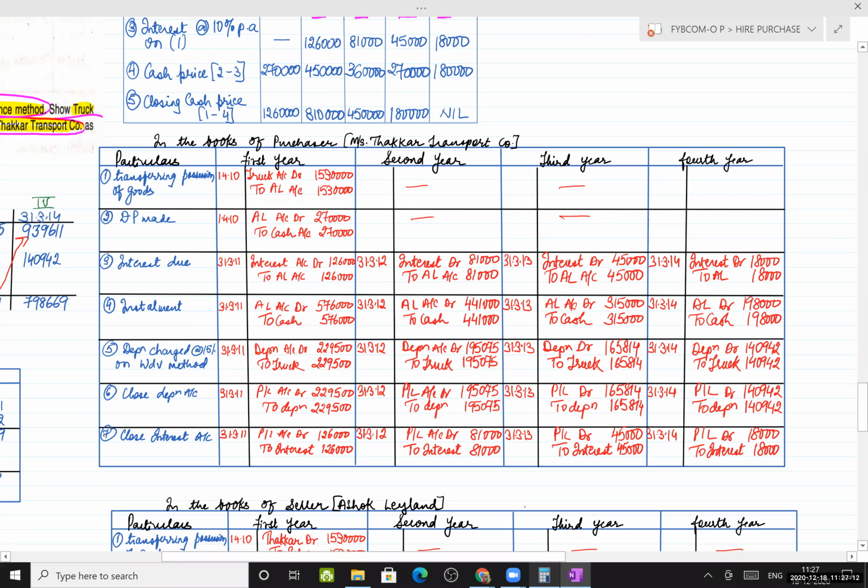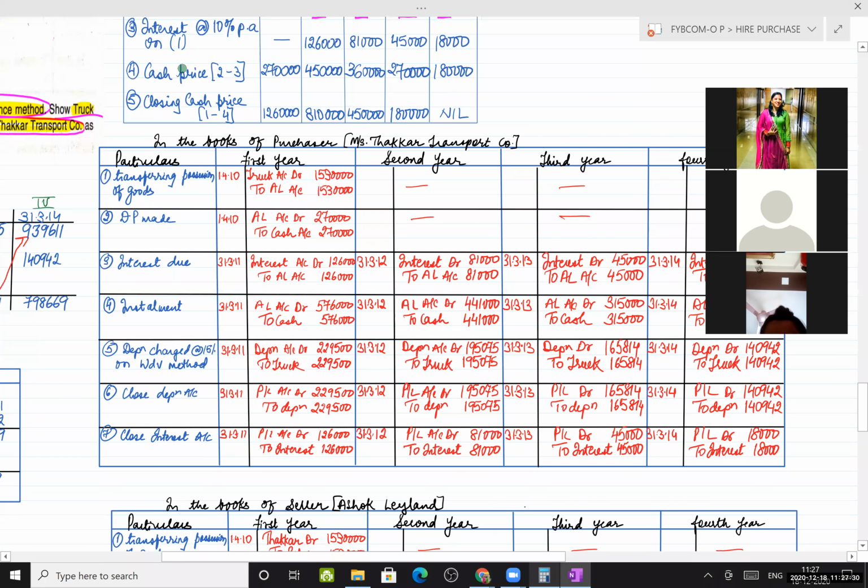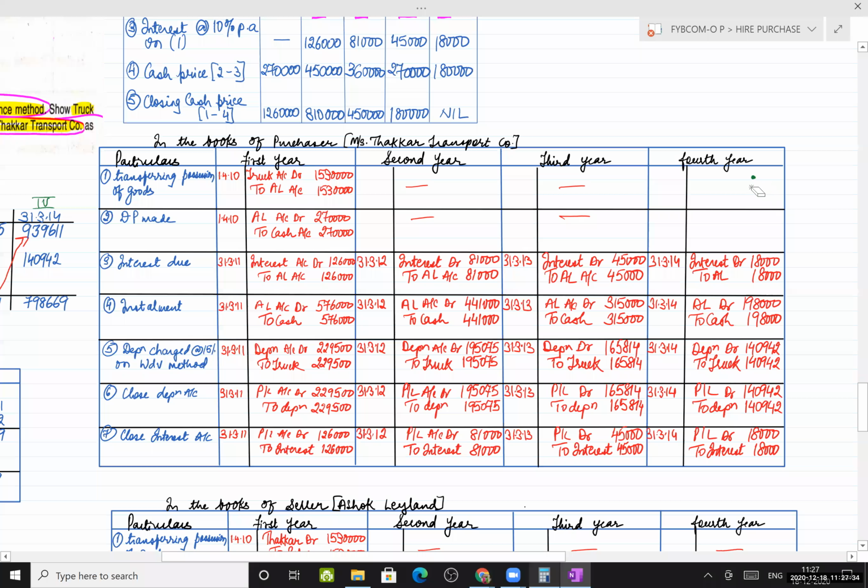And as you all know, the first and the second step is only applicable for the first year, not for the subsequent years. I hope you all remember all that.